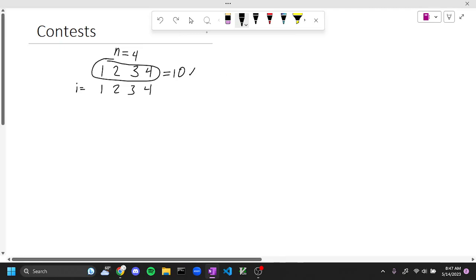Okay, so now how do we construct the array? Well, let's call the first element k.